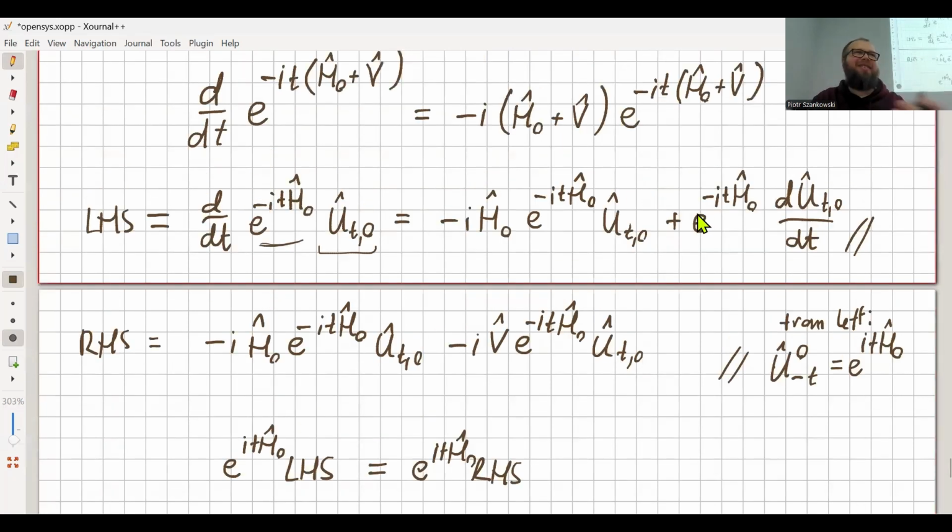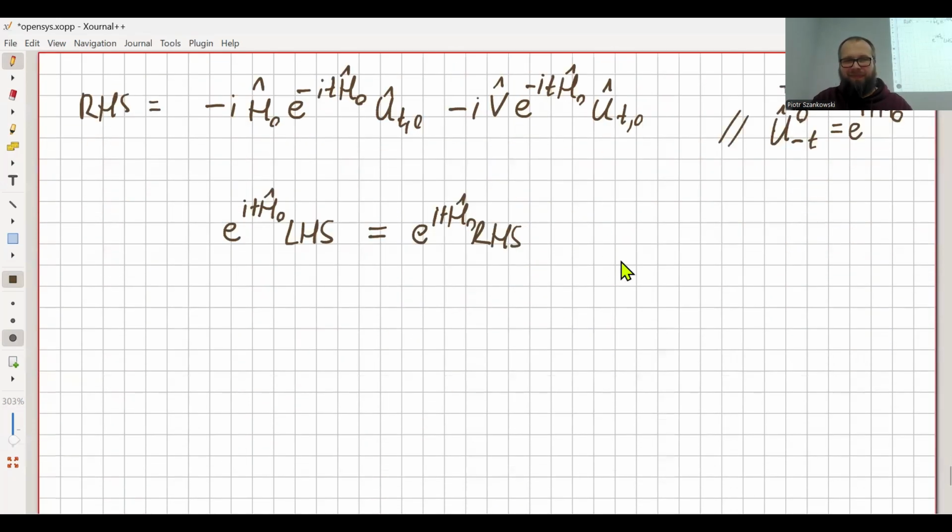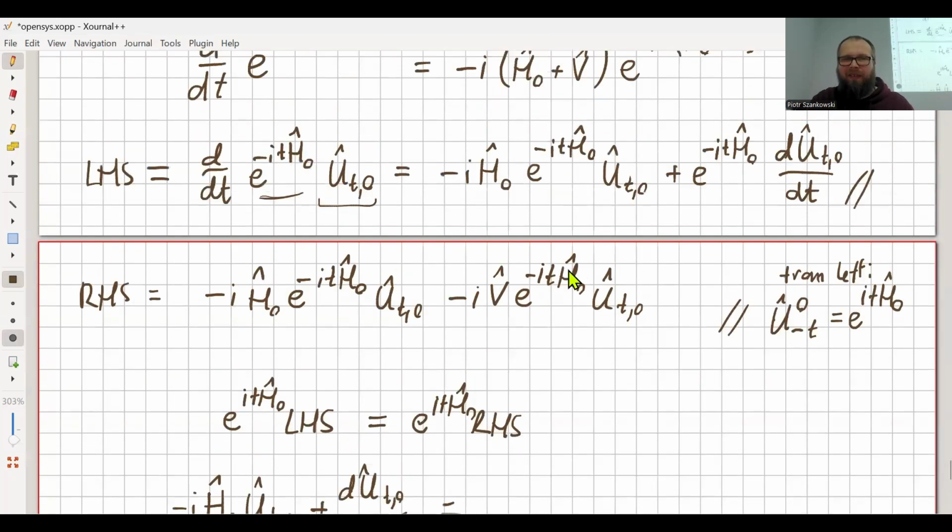And here they just eat each other for free. So you get here minus i H0 u t0 plus d u t0 dt. And on the right-hand side, again, it commutes through H0, eats with this guy, but here it's not getting eaten.